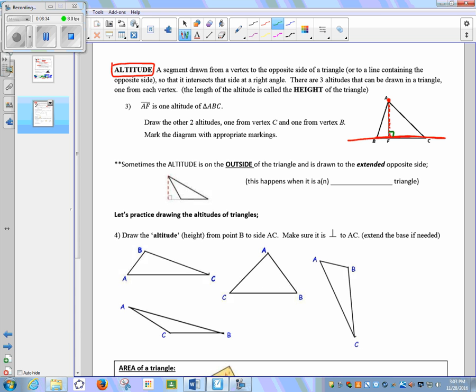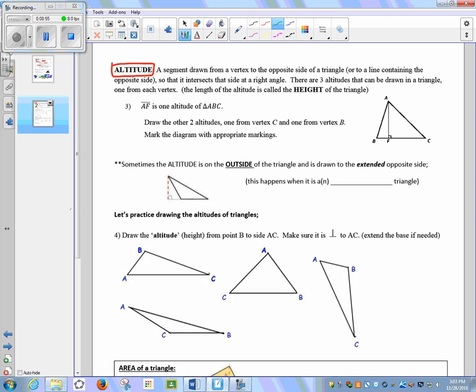So by definition, it's the segment drawn from the vertex to the opposite side so that it intersects at a right angle. In other words, it's perpendicular to the opposite side. Again, all three altitudes can be drawn, and when they are, they all intersect at one point of concurrency.